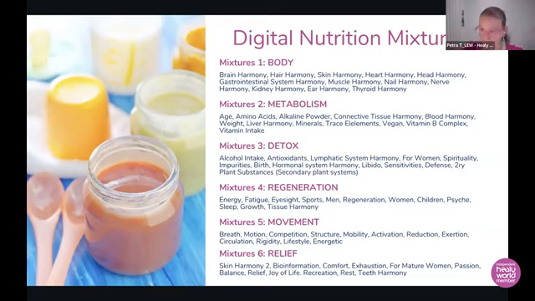Movement meaning circulation in the body, moving your muscles, respiratory, right? Bringing oxygen into the body. So any movement of energy, oxygen, blood, muscles, physical body. We have breath, which has frequencies of minerals, vitamins, and elements that have been known to protect the lung tissue and also to regenerate it, as well as to strengthen the immunity of the lungs.